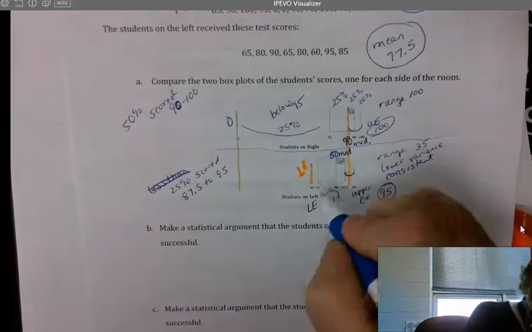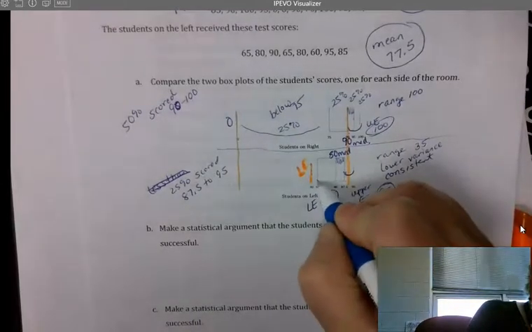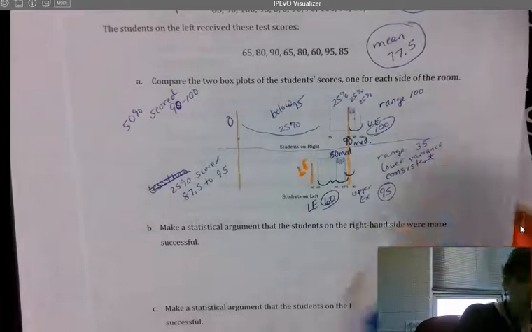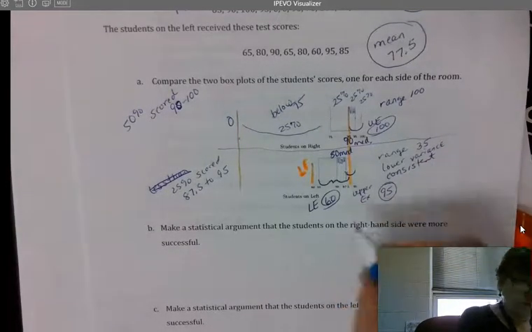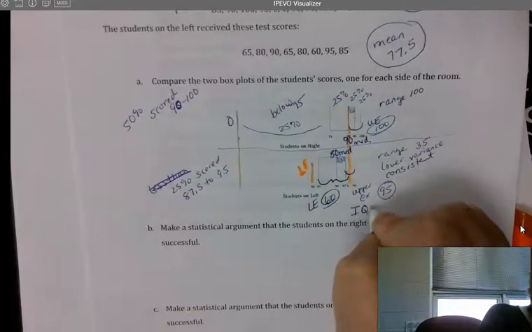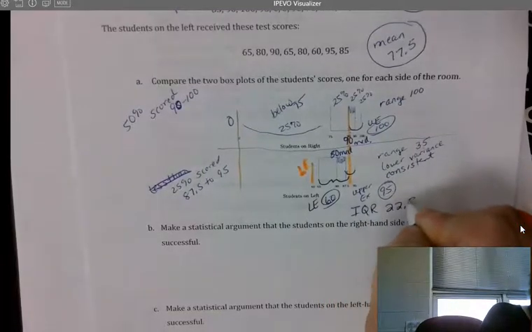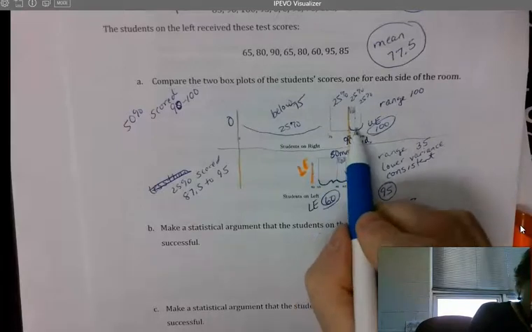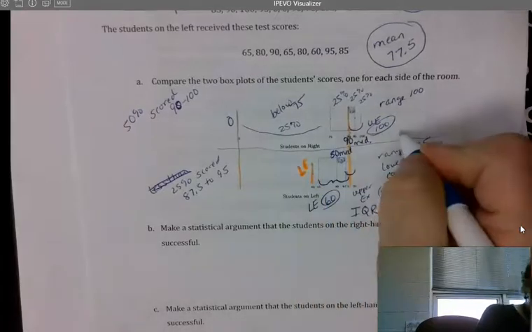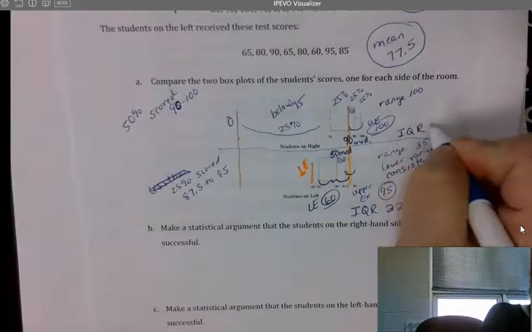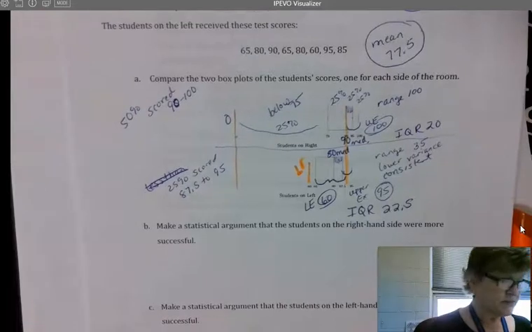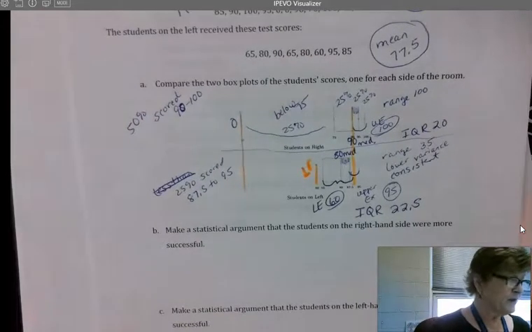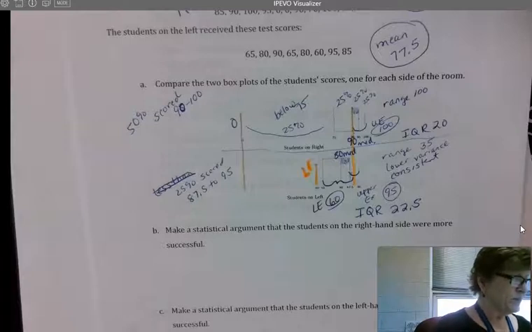So notice right here that IQR is 22.5. And the IQR here is 20. There's not a huge difference in those two pieces, but it's something we definitely want to look at when making comparisons between the data.